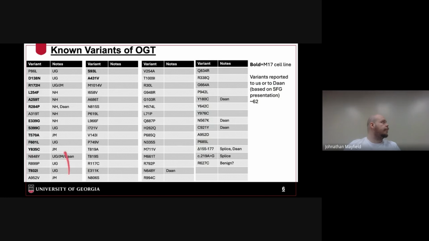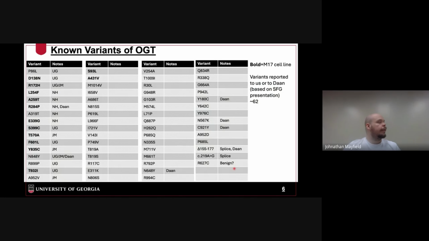And so here in this first row, I've got initials for, like me, I'm working on this variant. Naomi's initials are here because she's working on these. We've got UG for the undergrads, so they're definitely helping to start characterizing more of these mutations. And then I've also highlighted some that Dan has published and is working on.